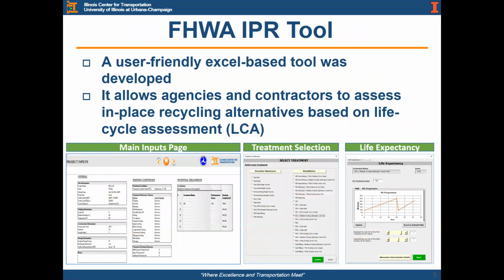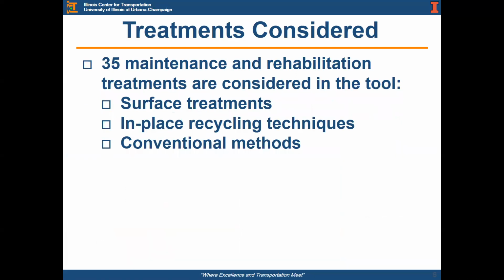So below you can see screenshots from the tool, which is actually on Excel, but the user will be able to navigate through the tool using an interface. 35 maintenance and rehabilitation treatments were considered in the tool, including surface treatments, in-place recycling techniques, and conventional methods.